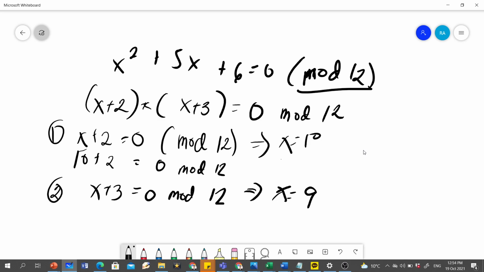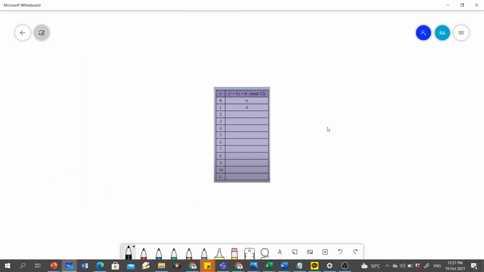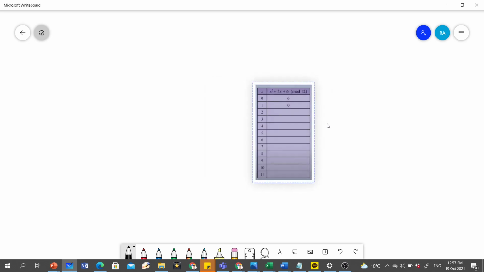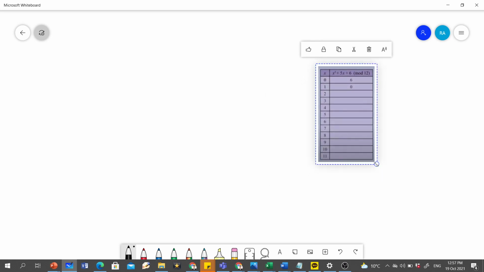So are these all the solutions? Since there are only 12 numbers in the ring of integers mod 12, let's go ahead and check all the possible combinations. We will plug zero through 11 into the polynomial. What do I mean by this?